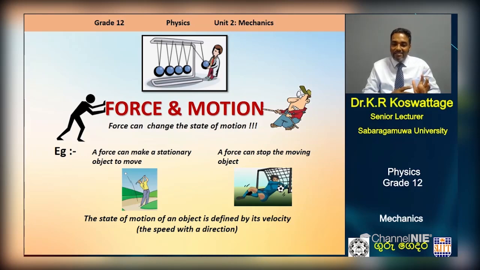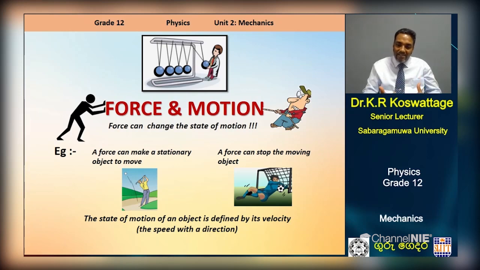And also you can understand that force can change the direction of any moving object. We can take this same example, football. The goalkeeper can change the direction of the football. So here the force can change the direction of a moving object.